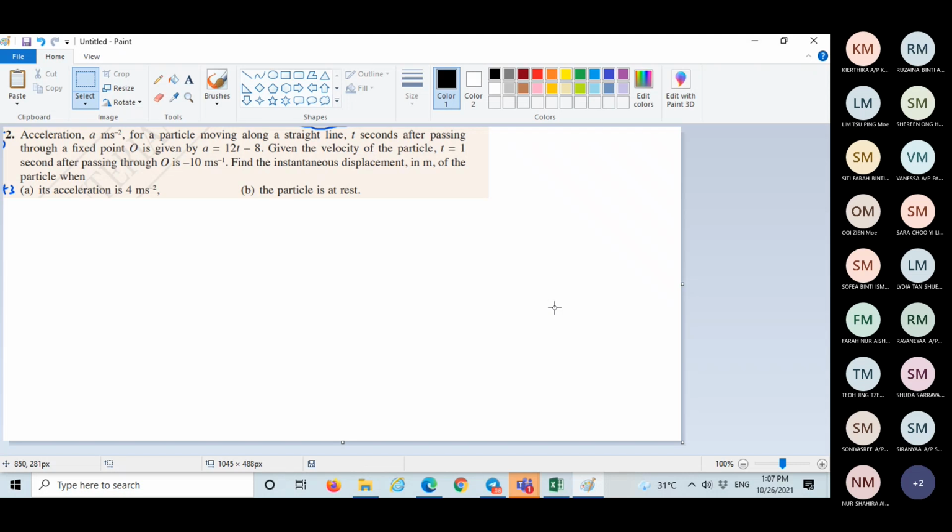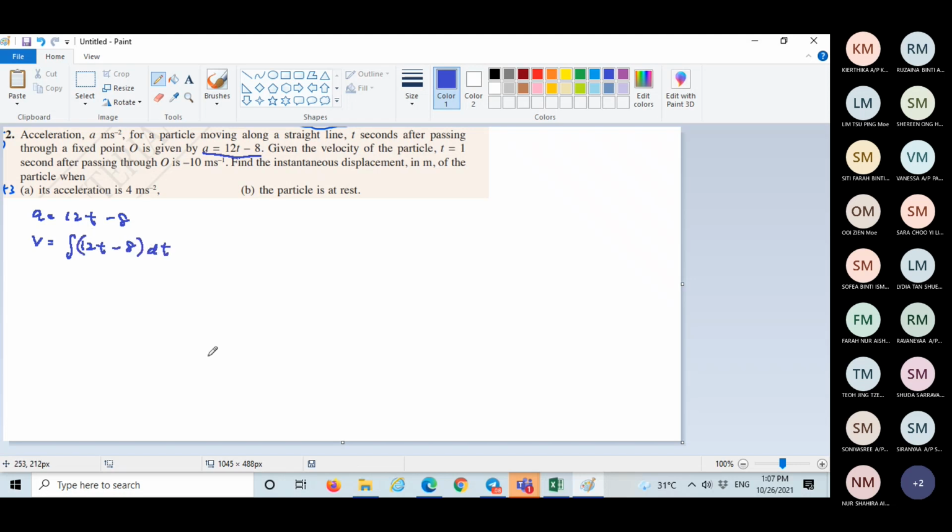But I don't have the s function, I have the a function. So I cannot go straight to the s, I have to go through v. So integrate 12t minus 8 with respect to t.